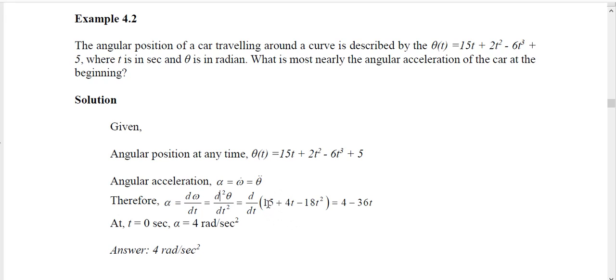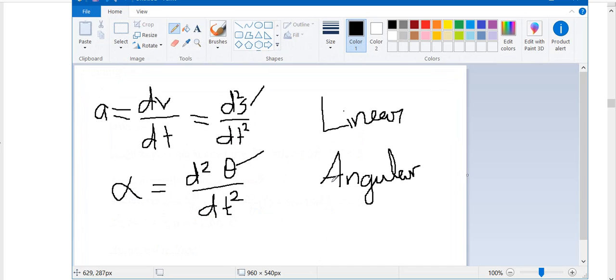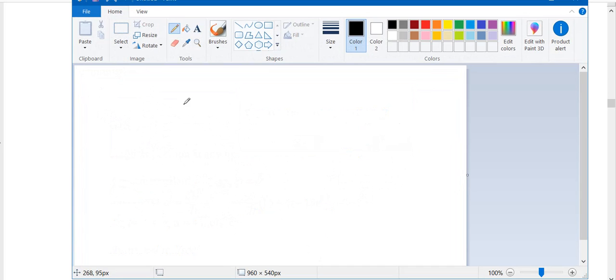Okay, so if I do it the first time, what will happen? It is given as 15t plus 2t square minus 6t to the power 3 plus 5. If you differentiate the first time, we decrease the power by 1 and multiply by the initial power. So 15t will be 15.